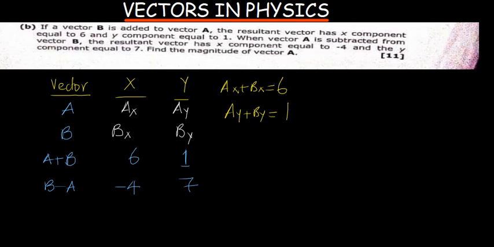Apart from this, we also have b minus a. So b minus a also are going to say bx minus ax. That is giving us -4. And then you also have b minus a in the y, so that will be, sorry, not x again, it's y now, by minus ay. What is the y component we are getting?